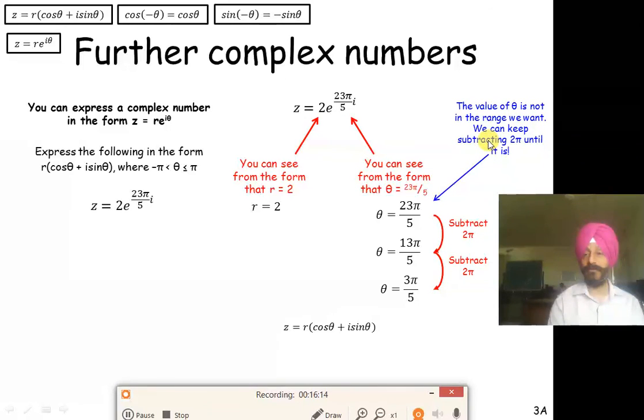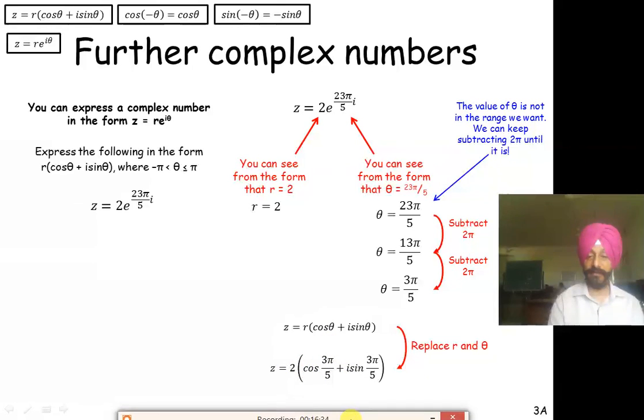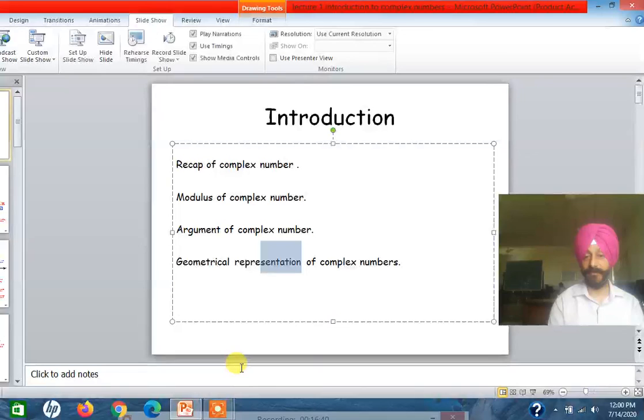So we can keep subtracting 2 pi until the angle is in range. So first 2 pi subtract, second 2 pi subtract, we got 3 pi by 5. So r is 2, and cos theta is 3 pi by 5, and when we simplify it, we got the answer.